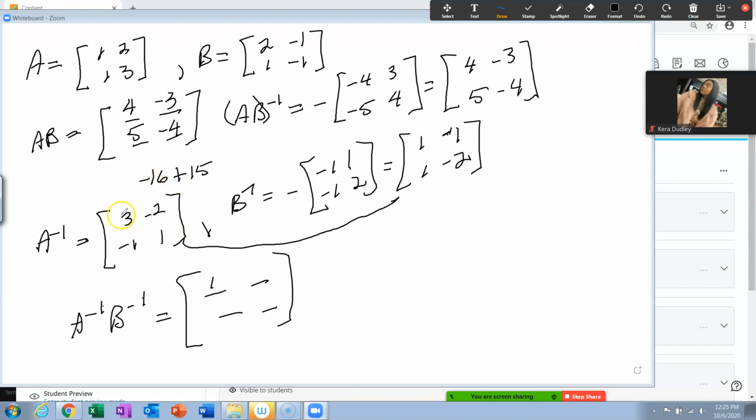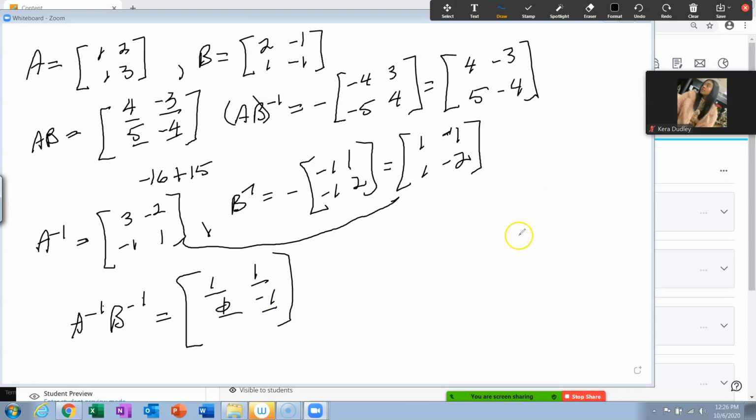First row, second column, now I can't read my writing, that's a minus. So that's a -3 plus 4, that's a 1. Second row, first column, -1 plus 1 is 0. And second row, second column is 1 minus 2 is -1. Okay, I hope I did that right.